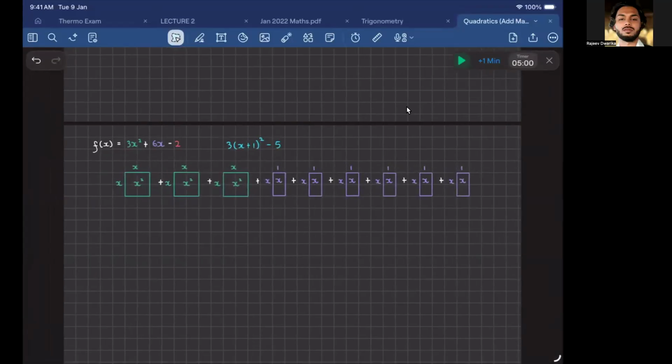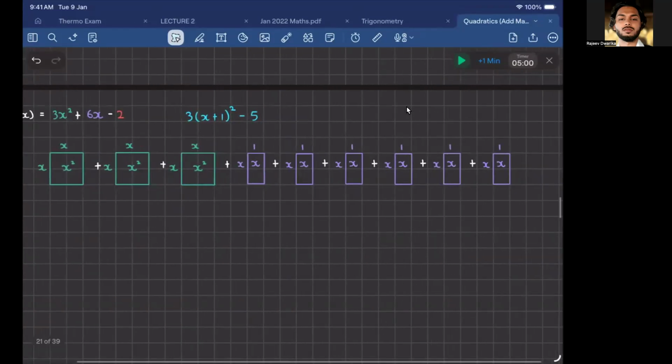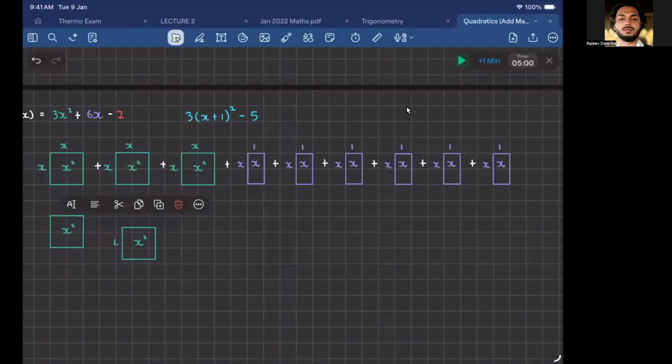So here is what we're going to do. Let me forget about our -2 for now and let's just try to rearrange. You see all these shapes here? Think of them as Lego blocks. Our goal is to take this and make it look like a square. So Serena, I'm going to take this block and put it down over here. I'm going to take another one of those blocks and put it down over here.